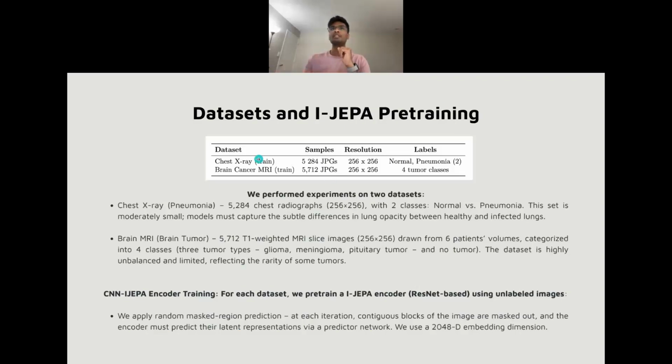For chest X-ray, it's pretty simple, as it just uses two labels, but we wanted another data set which has more than two labels, such as the brain cancer MRI data set, which uses four classes.